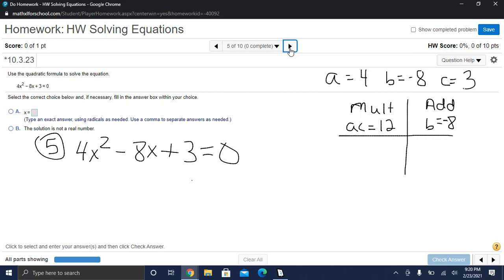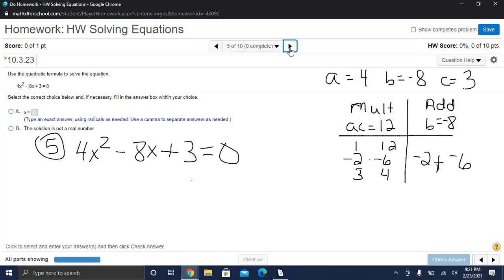So I would have to think of multipliers of 12. I have 1 and 12. I have 2 and 6. And I have 3 and 4. I want something that will multiply to 12 and add to -8. If I make both my 2 and 6 negative, then it will add to -8 and it will multiply to +12.